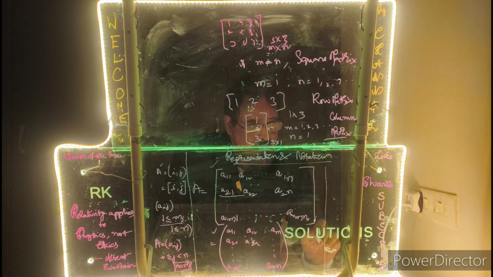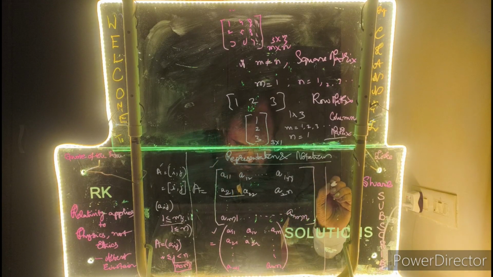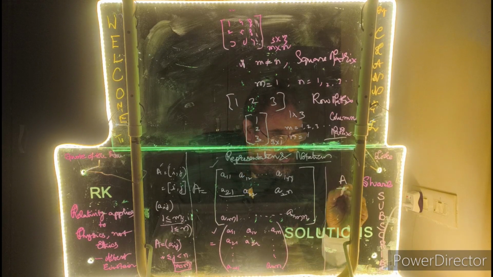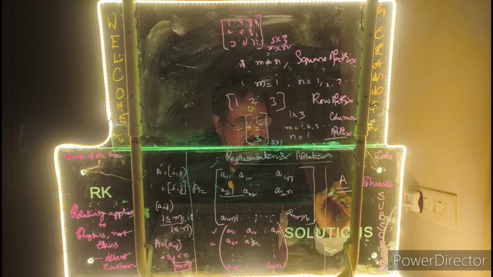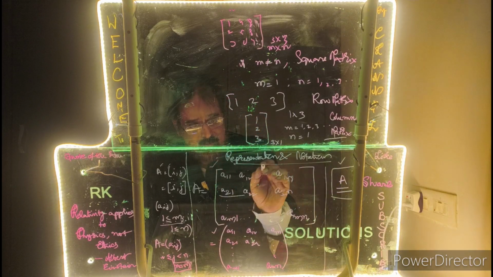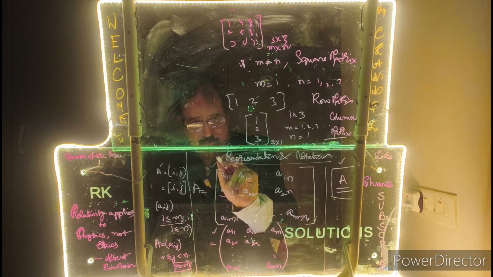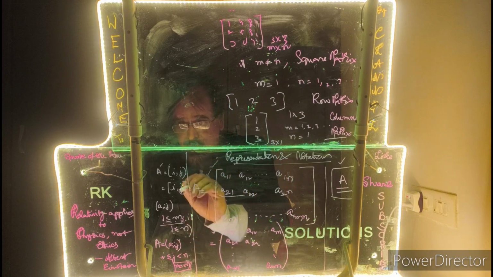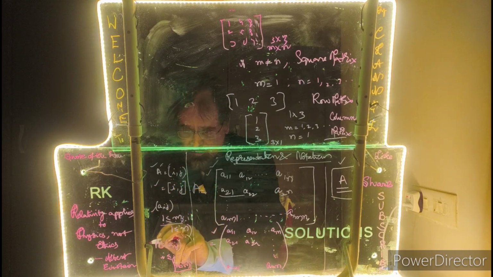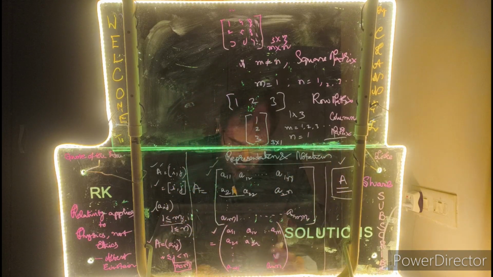Sometimes we also represent a matrix by two bars underneath. This is also a valid form of matrix. So we can represent it this way, this way, or this way. All are the same, representing the same thing.